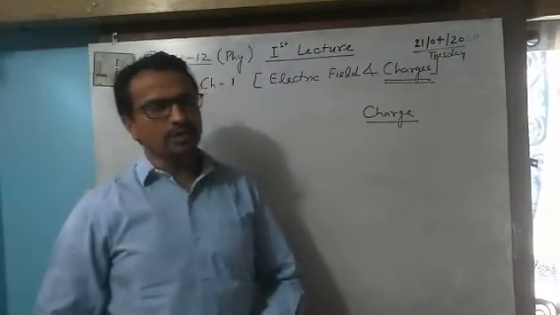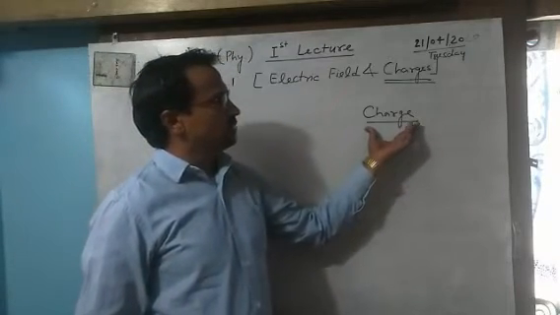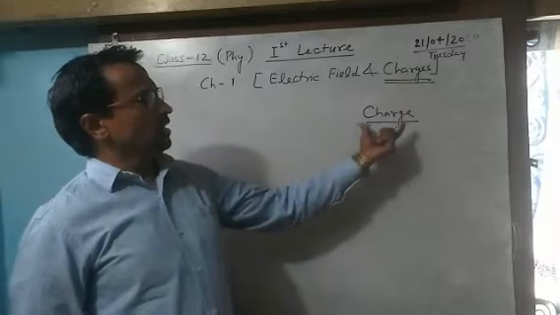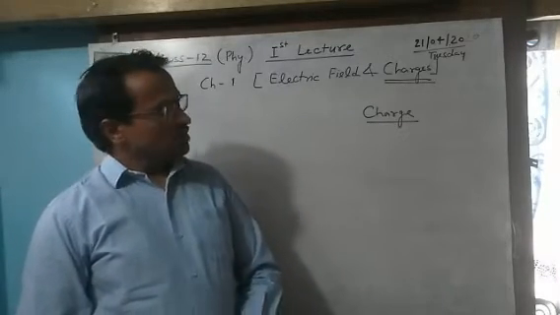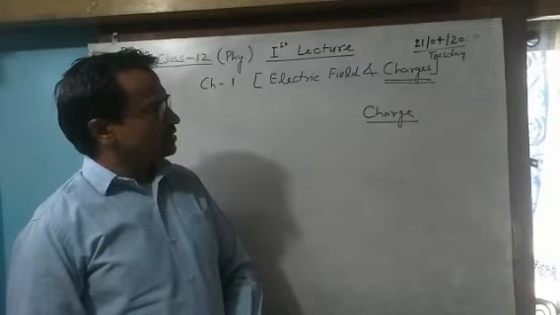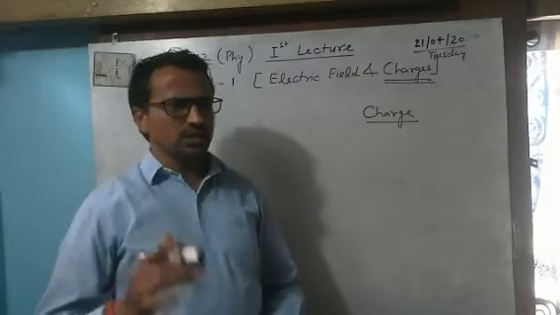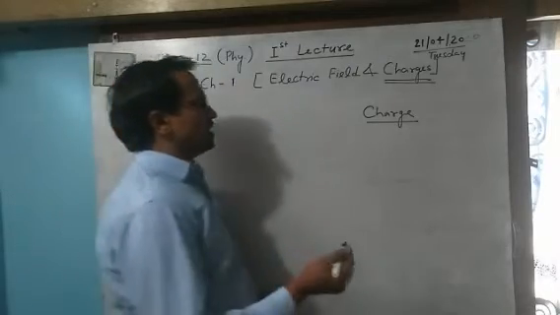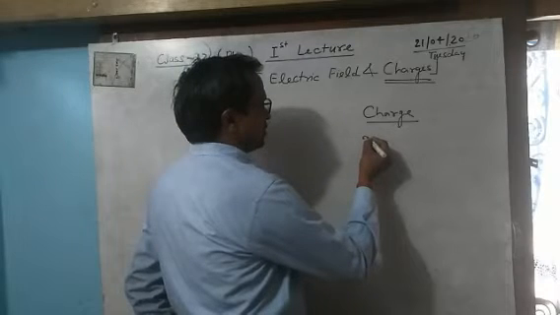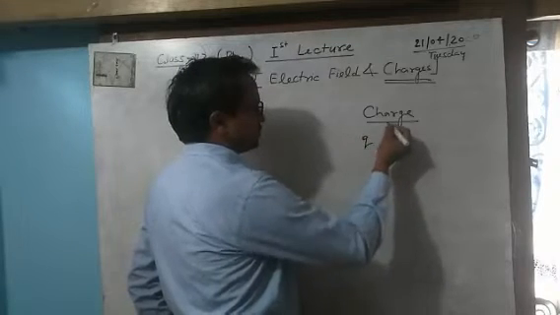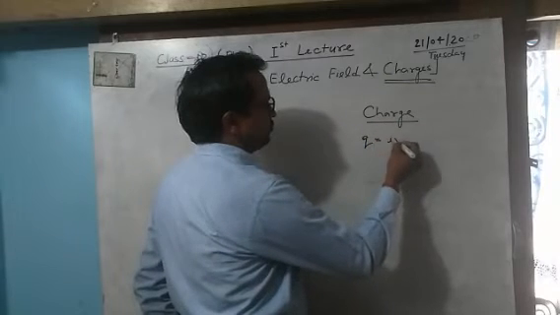तो जैसा कि हमने ऑलरेडी क्लास 9th में भी आपने पढ़ा है इसको, 10th में भी आपने देखा है इसको, चार्ज क्या है। तो चार्ज सिंपली चार्ज इज फ्लो ऑफ इलेक्ट्रॉन्स कर लेते हैं। Unit of charge is coulomb, and this q is denoted by charge and q is I into t.